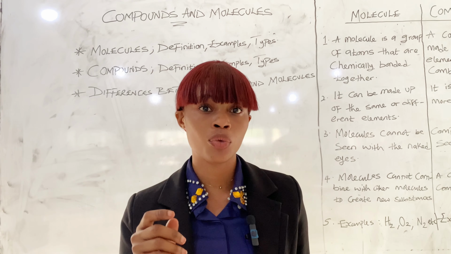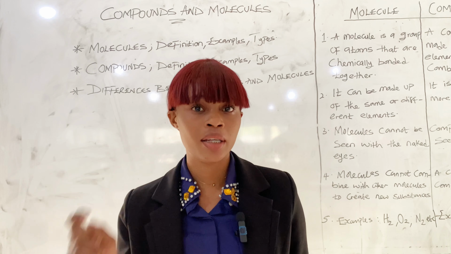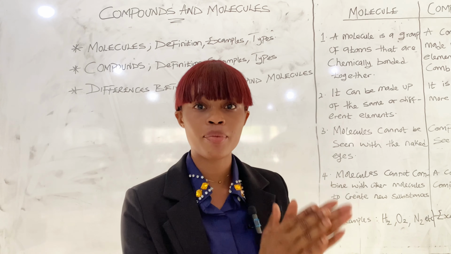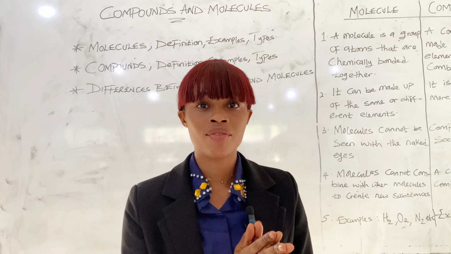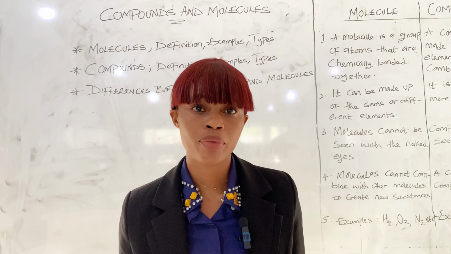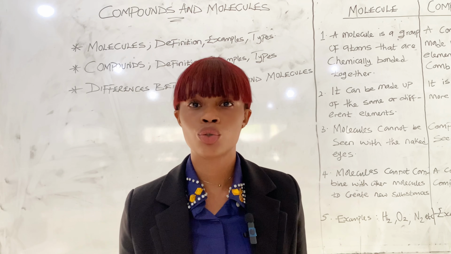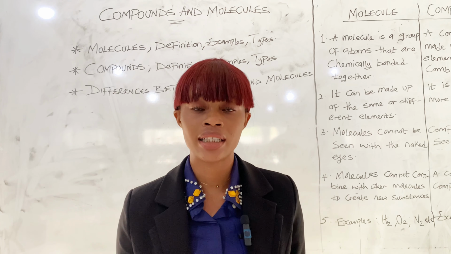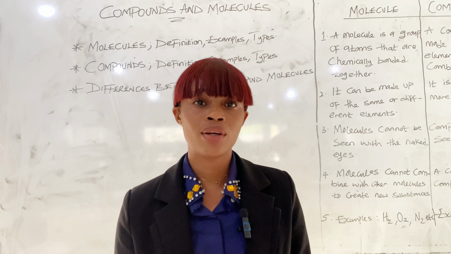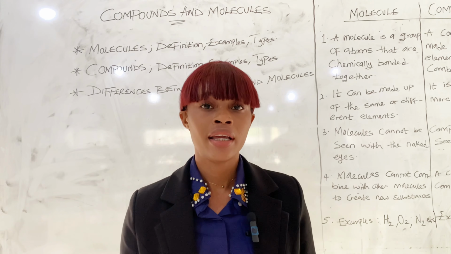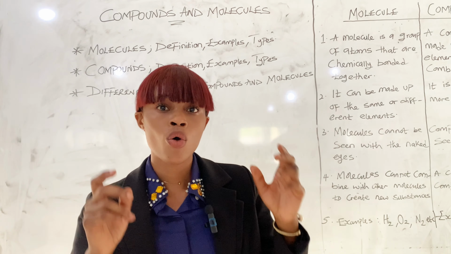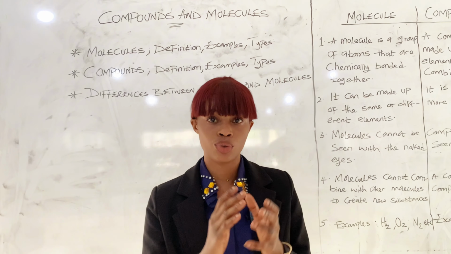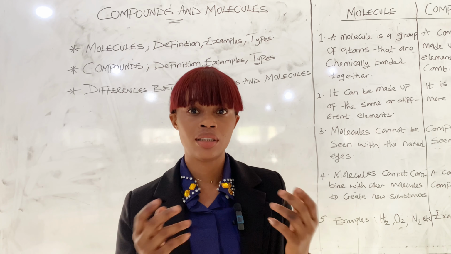So emphasis on the words different types of elements. So when different types of elements chemically join together, we have a compound. An example of a compound is your NaCl, which is your sodium chloride. So sodium chloride is an example of a compound. Another example of a compound is water, H2O. So whenever two or more elements chemically join together, a compound is the product.